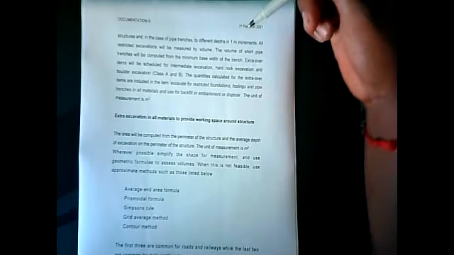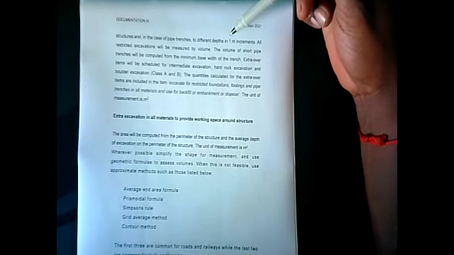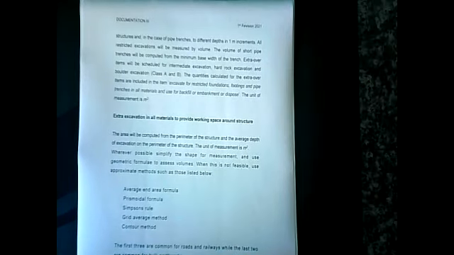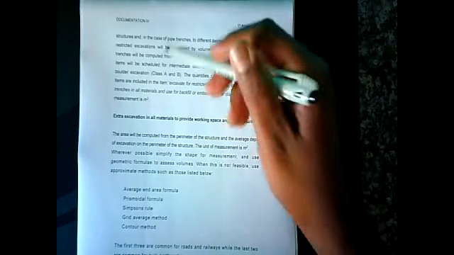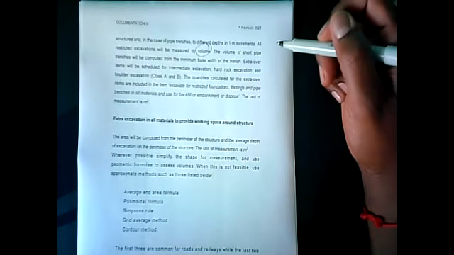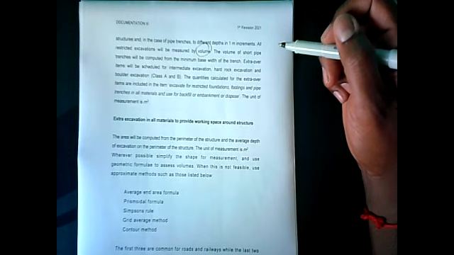A restricted excavation is one so restricted in area or width as to preclude the removal of material by a bulldozer. Separate items will be scheduled for separate structures, and in the case of pipe trenches, to different depths in 1 meter increments. All restricted excavations will be measured by volume. The volume of short pipe trenches will be computed from the minimum base width of the trench.